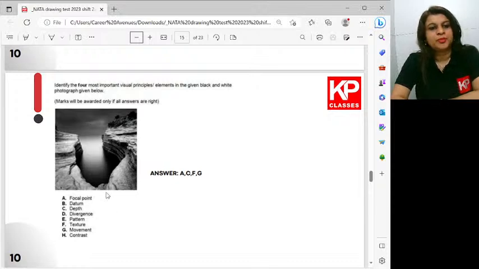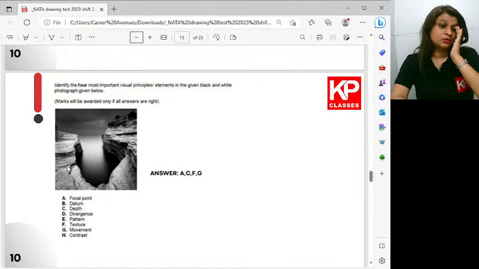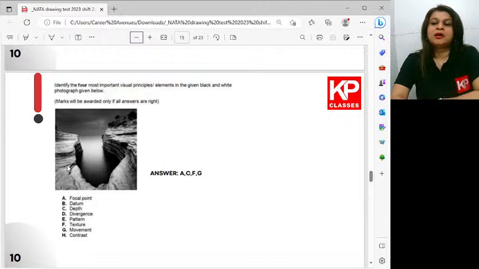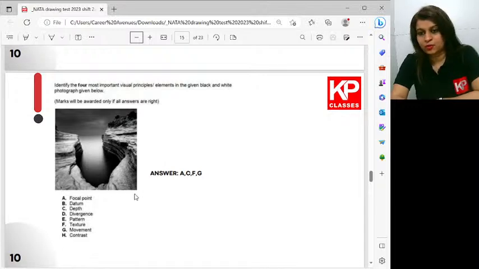And we have movement. Movement in terms of what? Movement in terms of the line, if you see. There's no contrast because it's very tonal. There is no pattern or anything. There's no principle of datum over here, right? So definitely we have contrast, texture, depth and focal point.